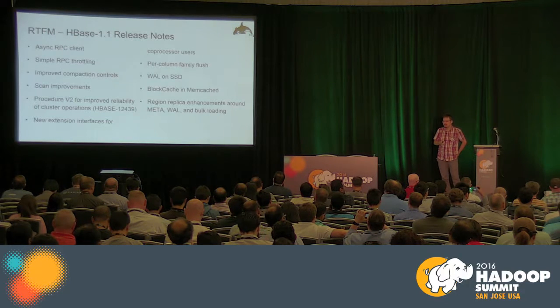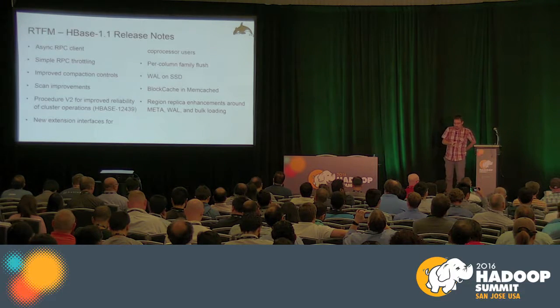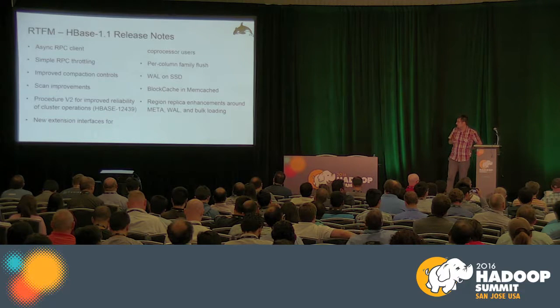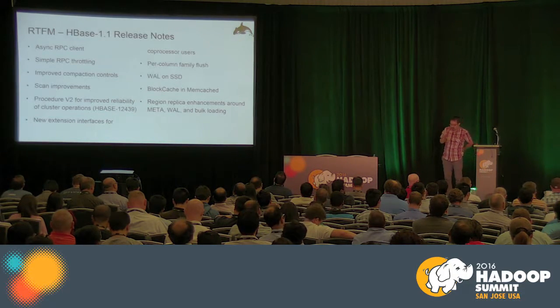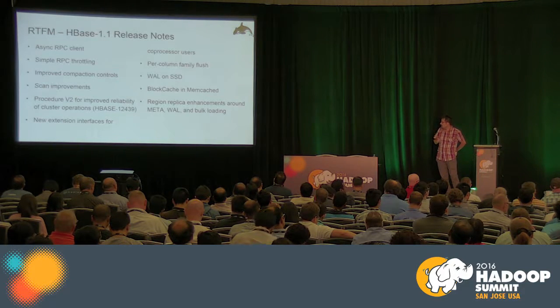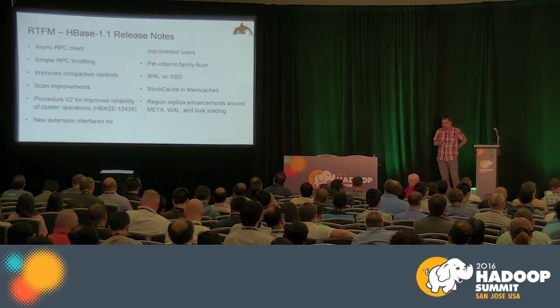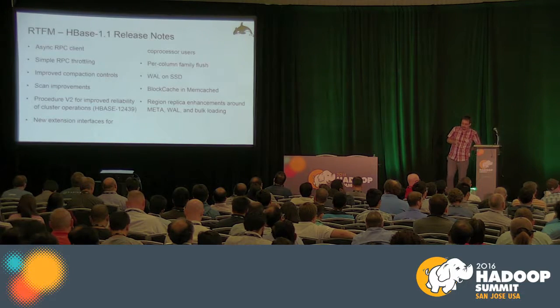Procedure v2 has a lot of improvements in the 1.1 release line, so that's why 1.1 is very important for master stability. There are some new interfaces for coprocessors, like the region interface.